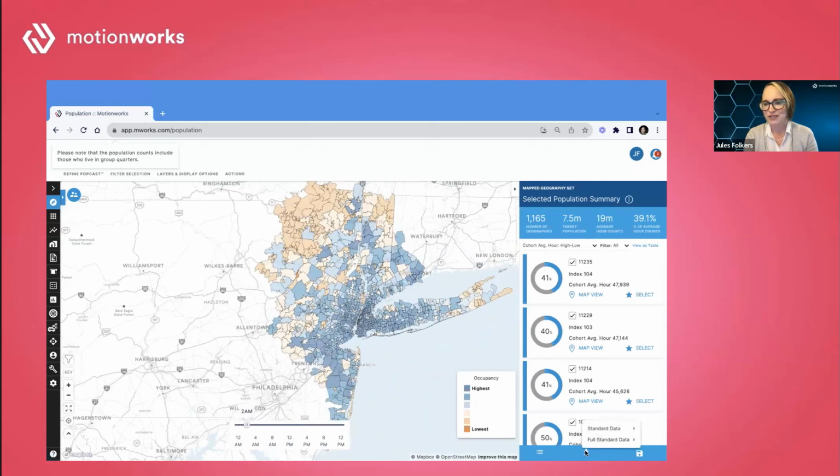Quick other notes that are different for Popcast anytime versus at home. We have an opportunity for the summary level data, which is, again, the aggregation of all of the months and hours that you have requested as a part of that time frame, or the full data set.